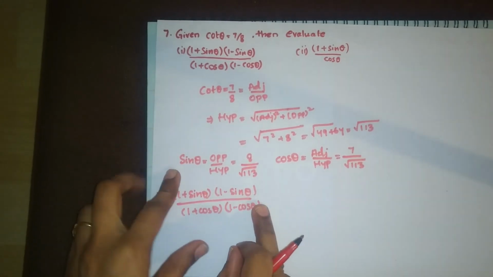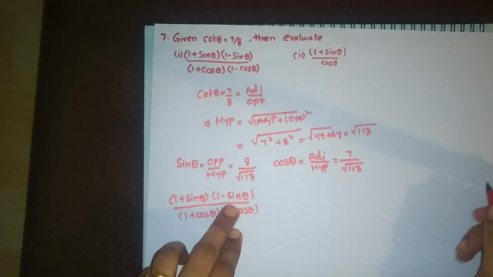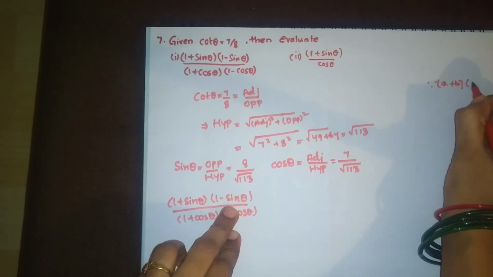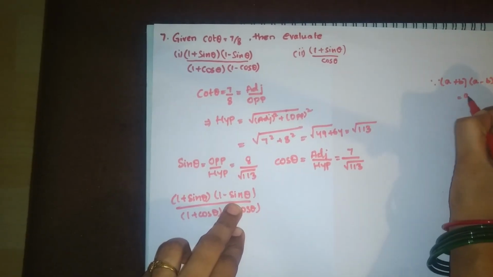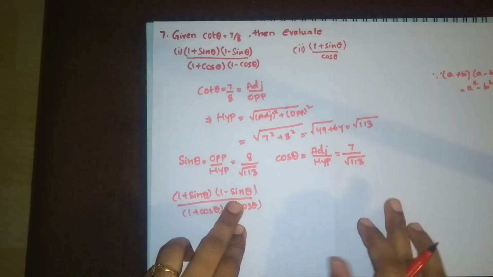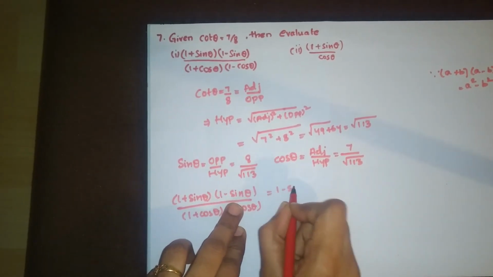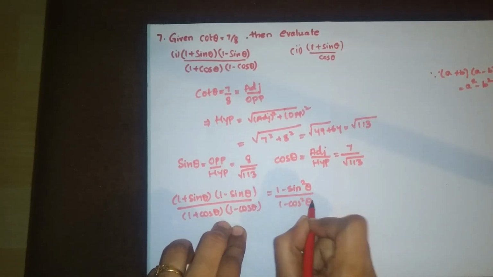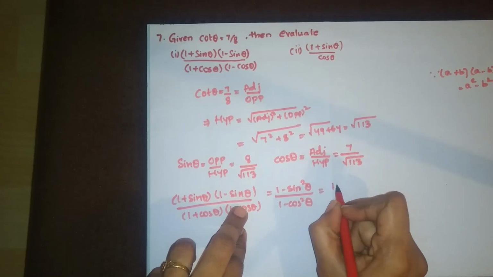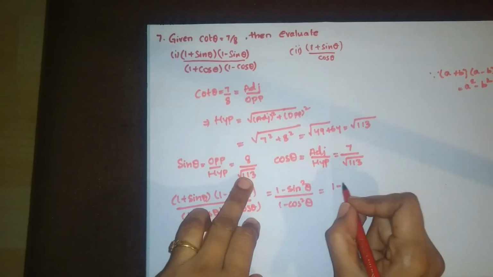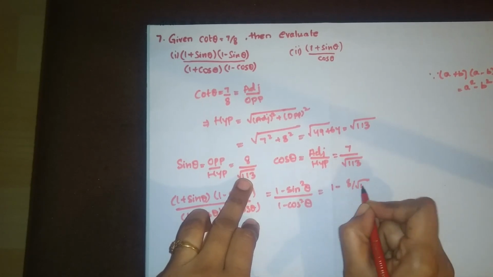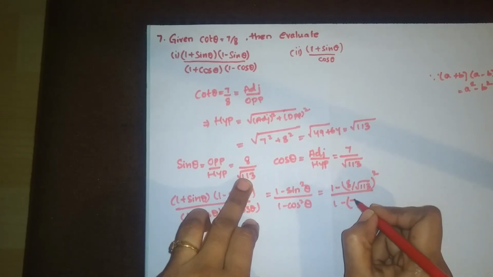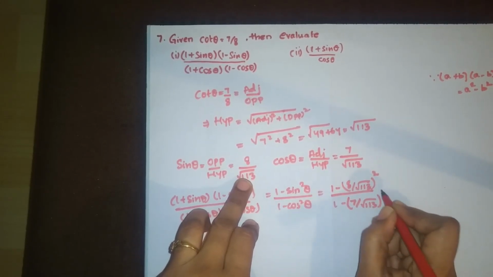Since (a plus b)(a minus b) is equal to a square minus b square, here it is 1 minus sine square theta divided by 1 minus cos square theta, which is equal to 1 minus (8 by square root of 113) whole square divided by 1 minus (7 by square root of 113) whole square.